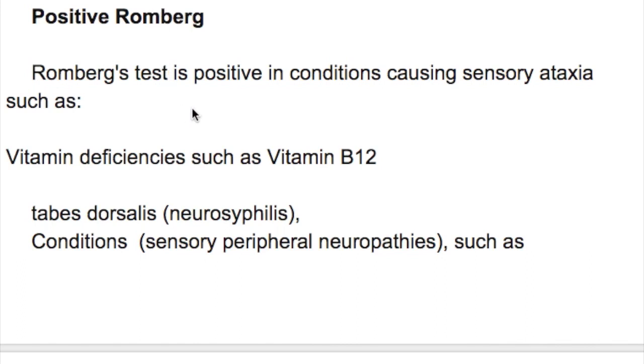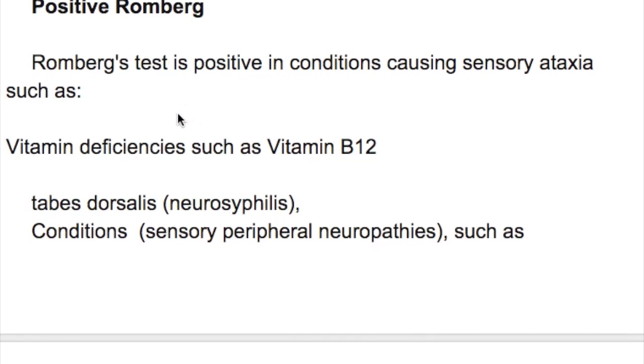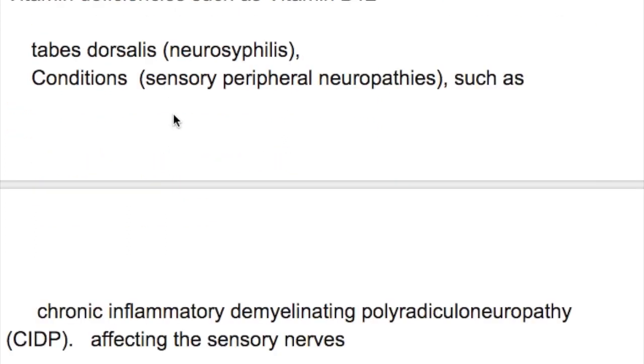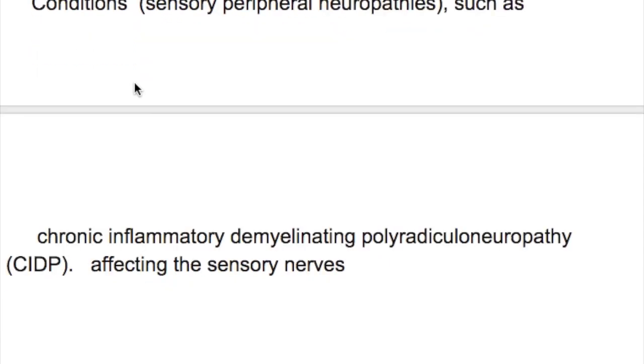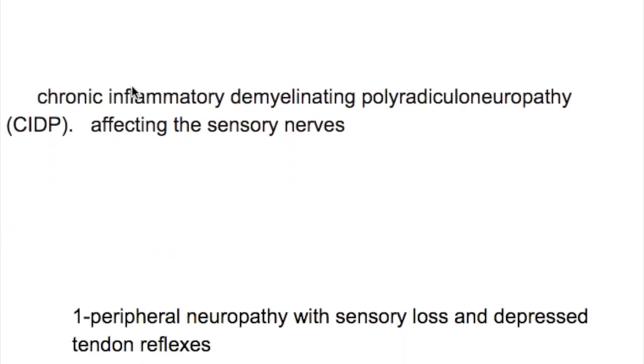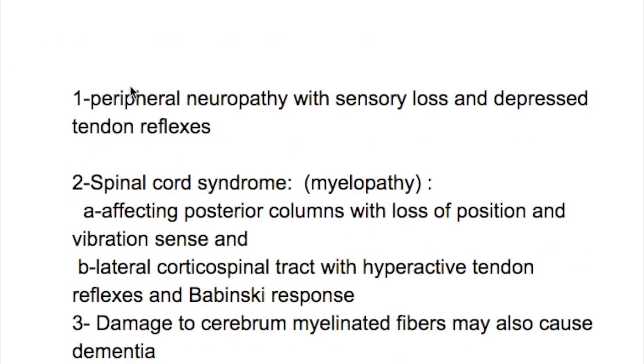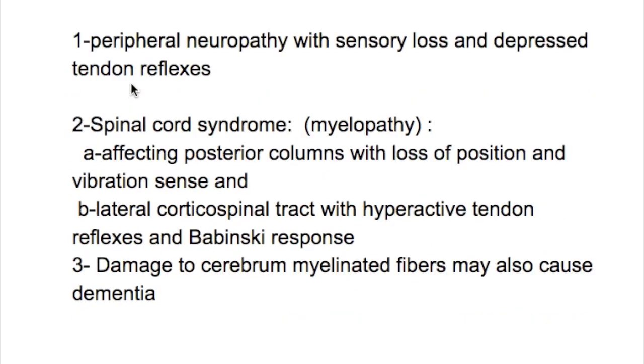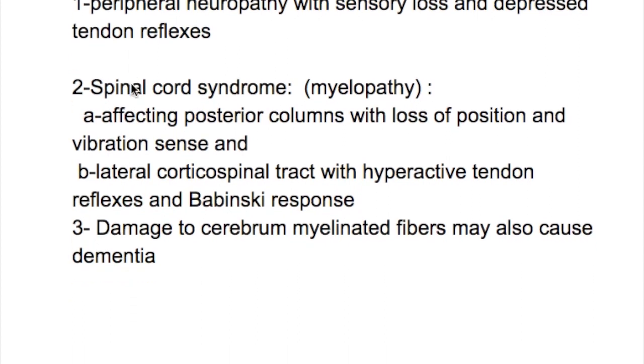The Romberg test is positive in these sensory conditions such as vitamin B12 deficiency, tabes dorsalis or neurosyphilis, and conditions such as chronic inflammatory demyelinating polyradiculoneuropathy affecting the sensory nerves. So the features of B12 deficiency are peripheral neuropathy with sensory loss and depressed tendon reflexes.